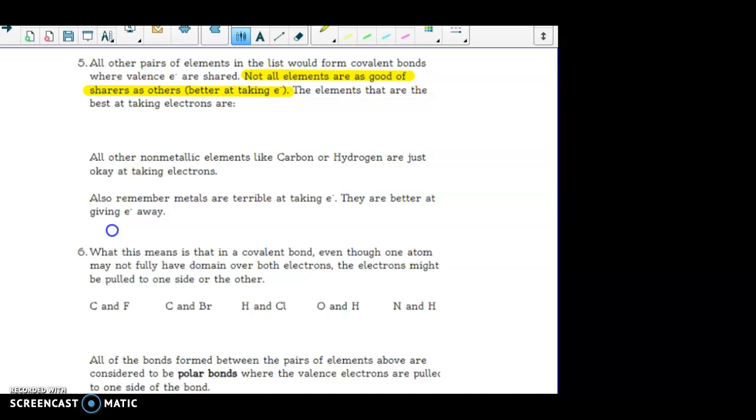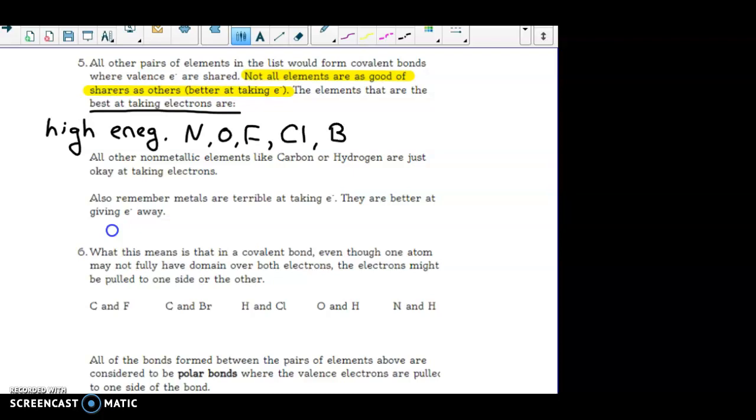And so we want to categorize these as what are the best, what are the high electronegativity elements, and what are the low electronegativity. So our high electronegativity, this is what we saw up there. So nitrogen, oxygen, fluorine, so in that second row, and then down chlorine, bromine, and iodine.